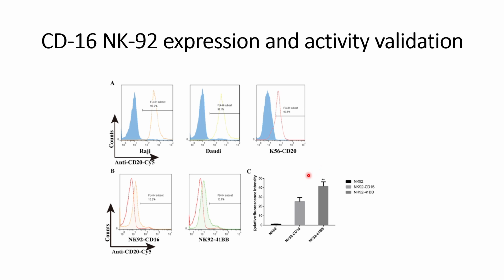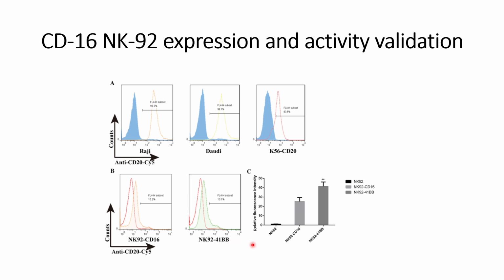These two different experiments giving us the same result indicates that the NK-92 transduced cells have high expression of CD16, both in the case of cDNA CD16 and this CD16-CAR transduced NK-92 cells.